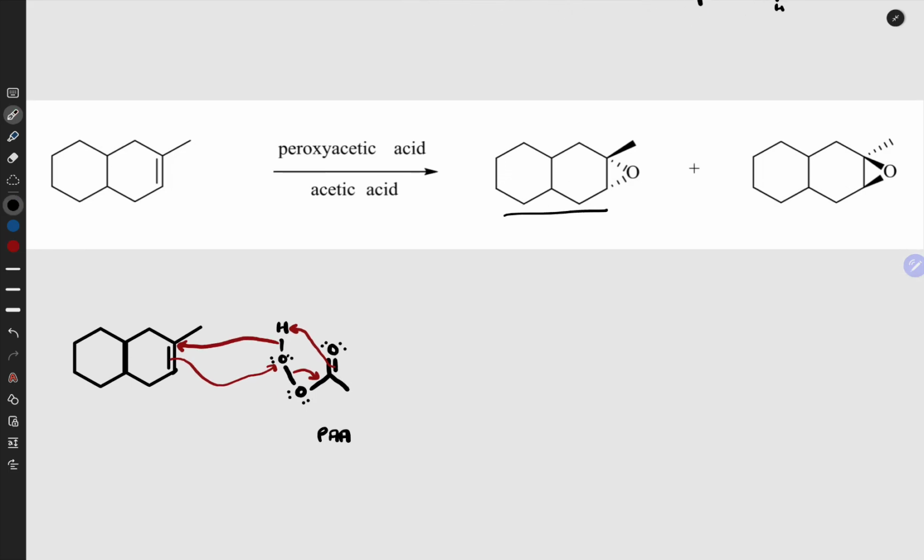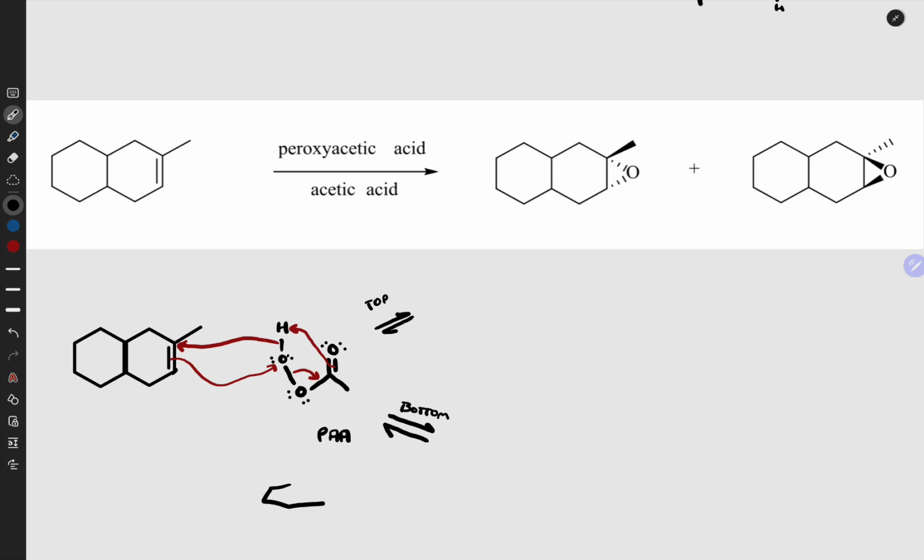We can see here in our product looking forward that we have 2 different things we need to solve for. So we know there are 2 different pathways we have to diagram, and knowing that this is syn addition and that this is flat right here, it could add from the top and it can add from the bottom of the molecule.